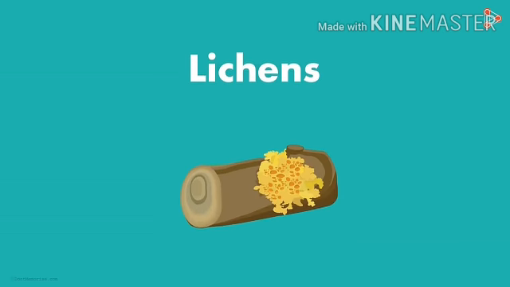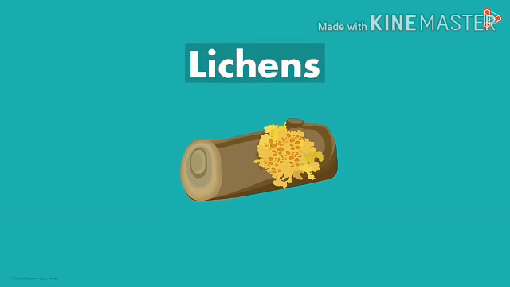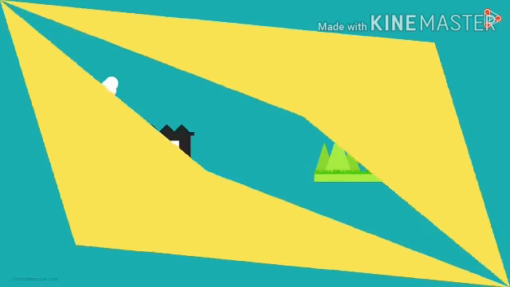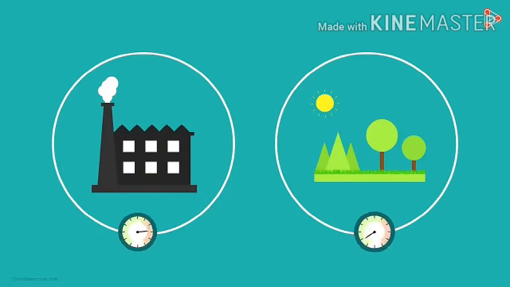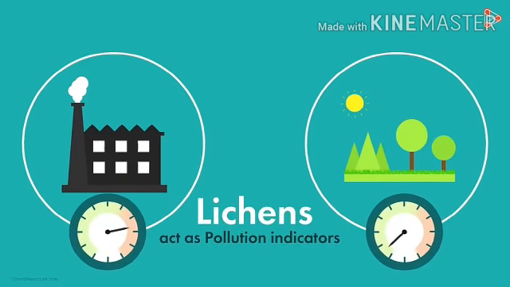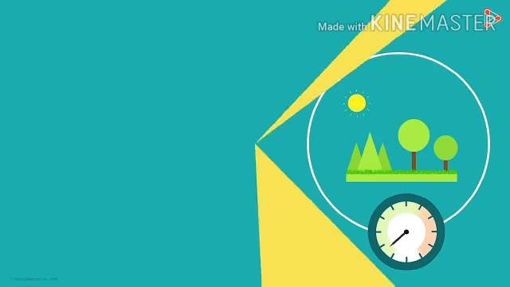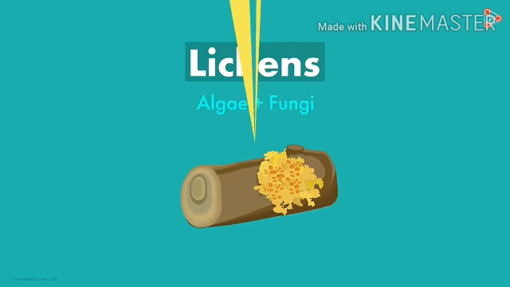Yes, we have studied in biology that the symbiotic relation of algae and fungi gives us a unit called lichens. The major function of lichens in an ecosystem is that they act as a pollution indicator. Their growth is hindered when there is excessive pollution. As a result, chemical changes in the body of lichens can give us indications of the nature of substances that come in contact with them.